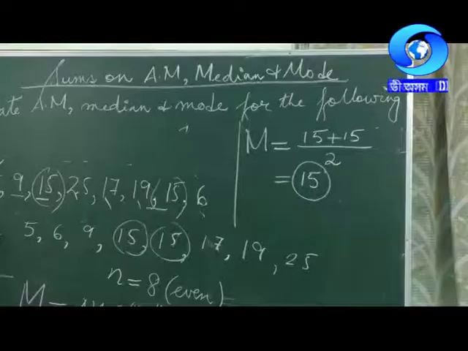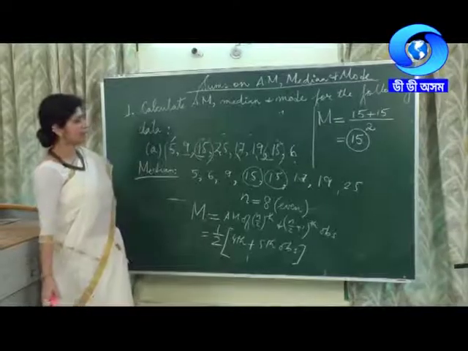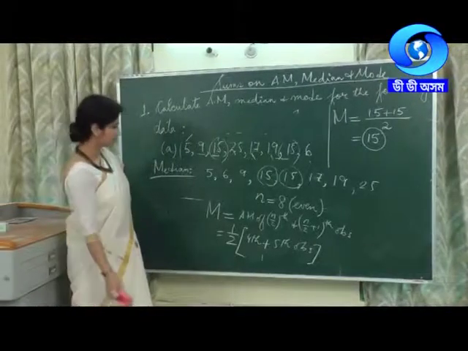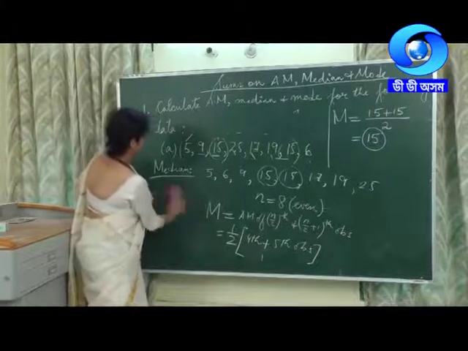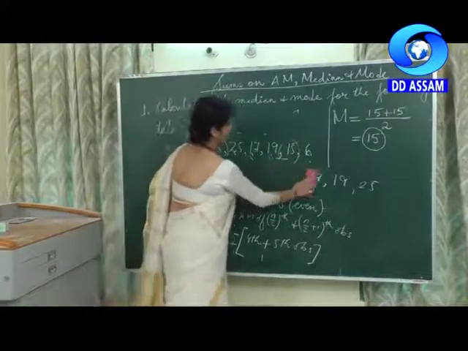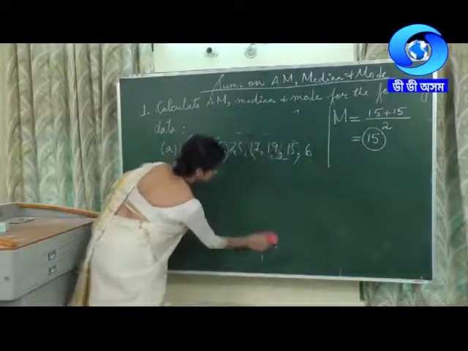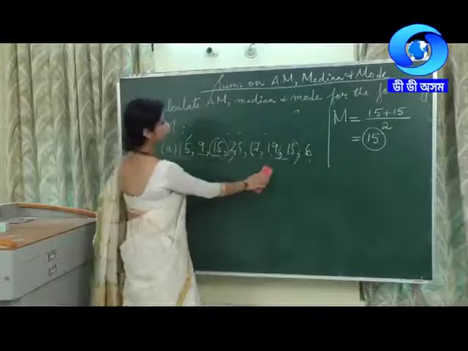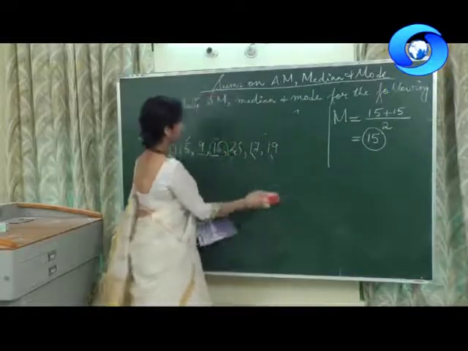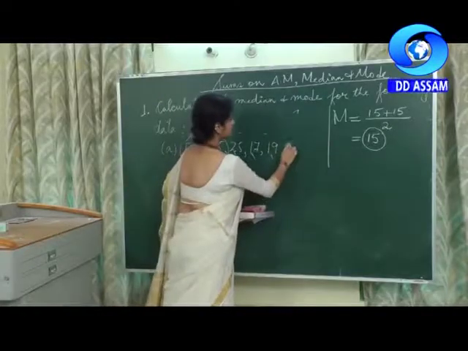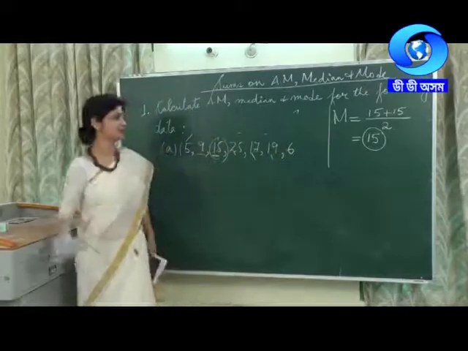Okay. Now if you have an observation like this, let us take the same observation, but we remove one of the values. Let us take 15 only once, so that you have an odd number of observations.